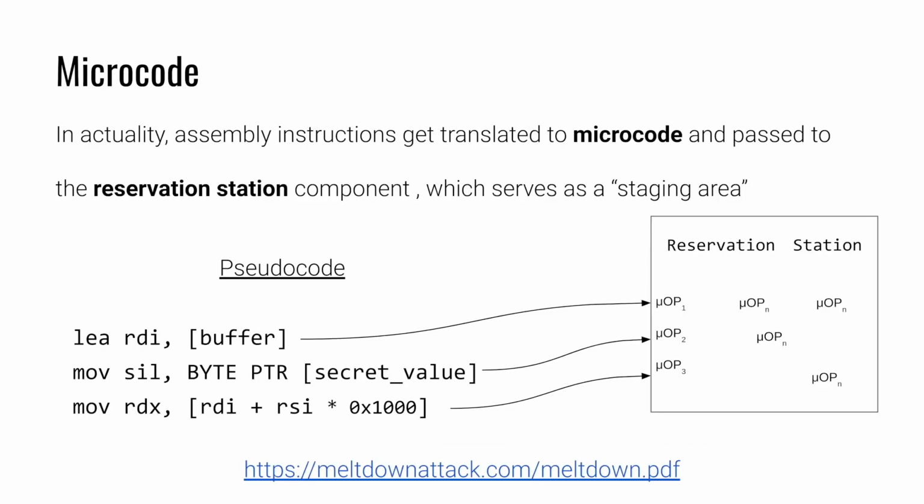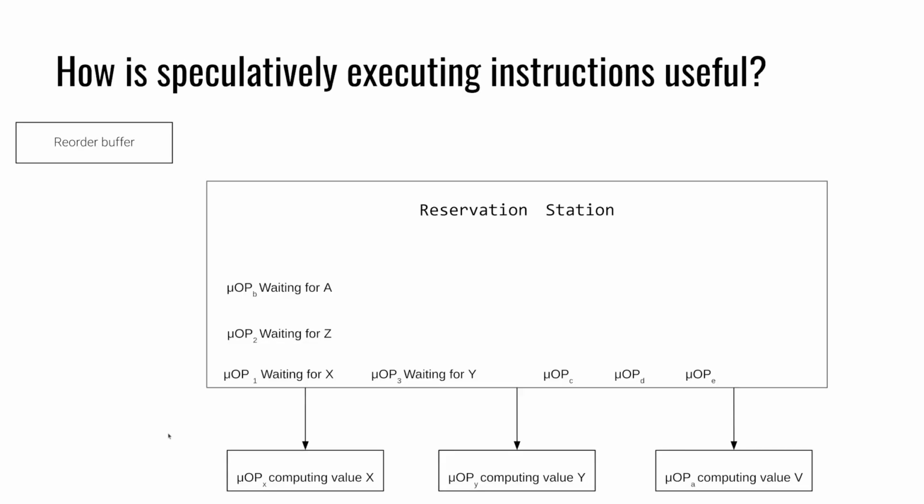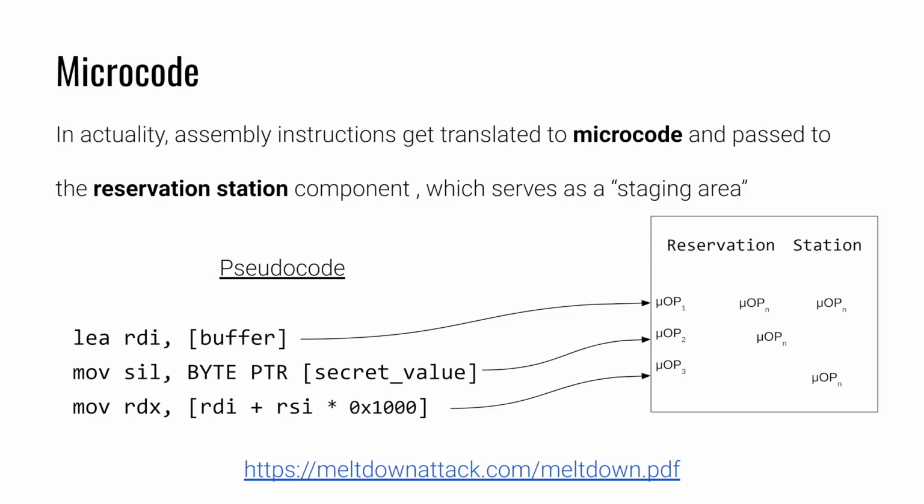So if we go back up here and look, in my diagram here, I'm showing more than one assembly instruction being passed into the reservation station at once. And this is, in fact, what happens. The assembly instructions get broken down in kind of batches into the microcode and passed into the reservation station. So then, when this microcode is running and updating values, it doesn't have to leave the microcode world and update a register, because that's actually a lot of work.